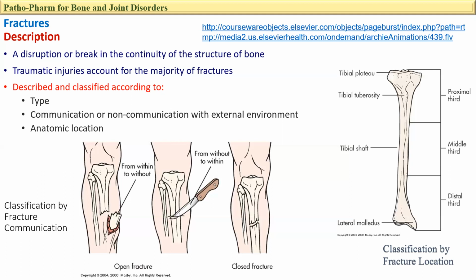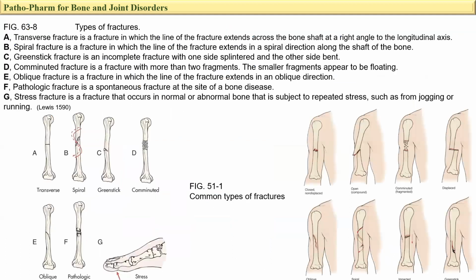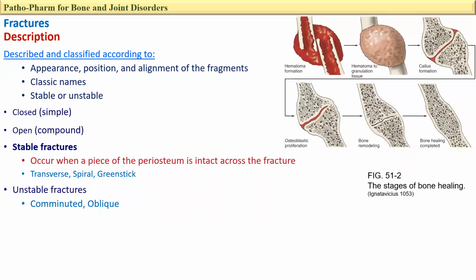There are different classification systems for fractures. They can be classified according to their anatomical position or site in the body. They can also be classified as closed versus open fracture.